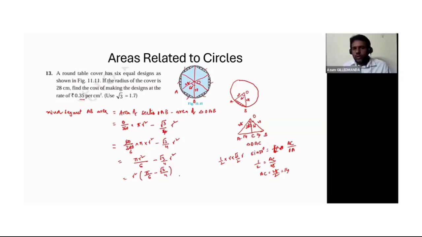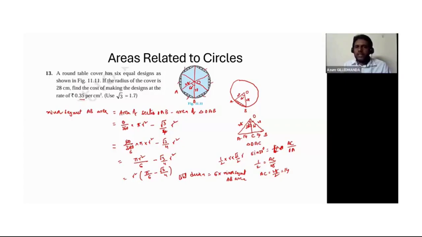Now, what is the total design on the table? Total design equals 6 into minor segment AB area. You understood?